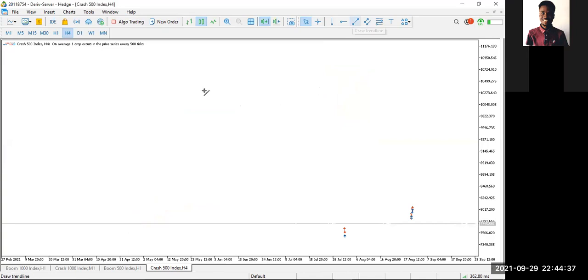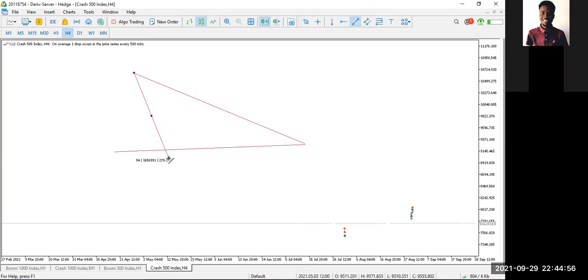So now we have the descending triangle in this manner. This is also a continuation pattern where we have the market coming from the upside, and then it ranges.